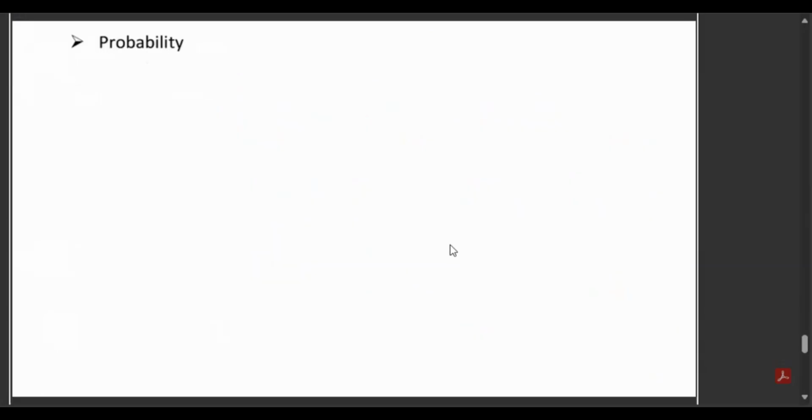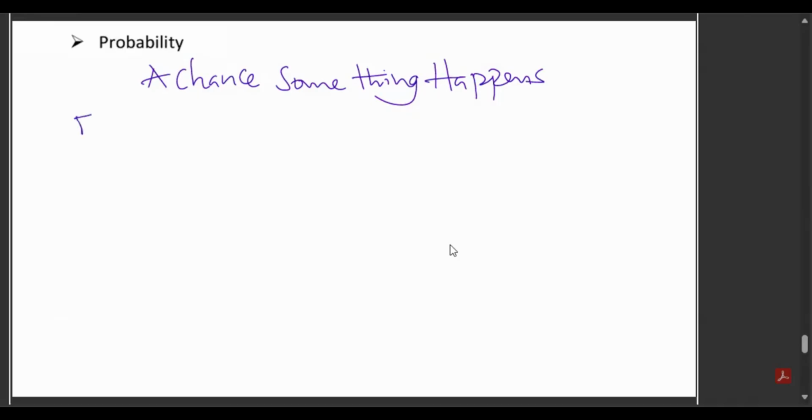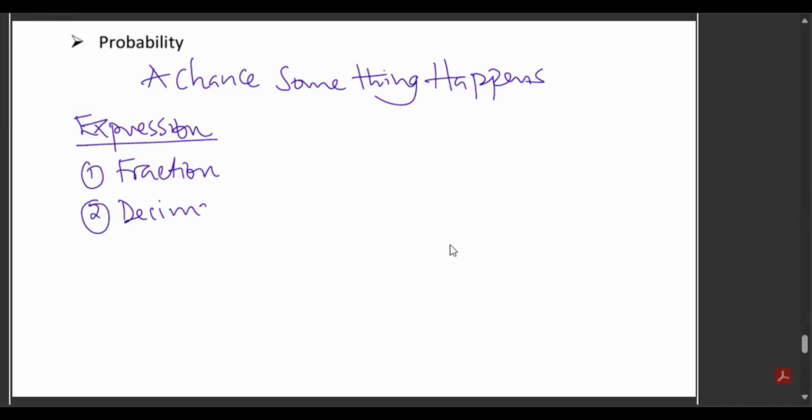Probability. Here we said it's a chance something happens. Expression: you can express probability as a fraction in simplified form, or as a decimal, or as a percentage.